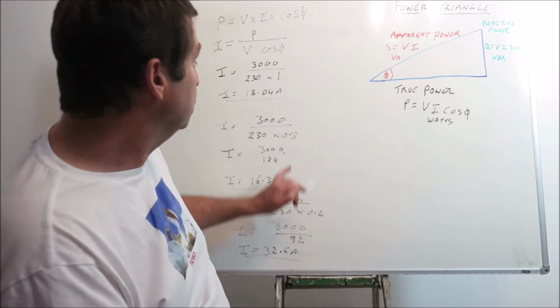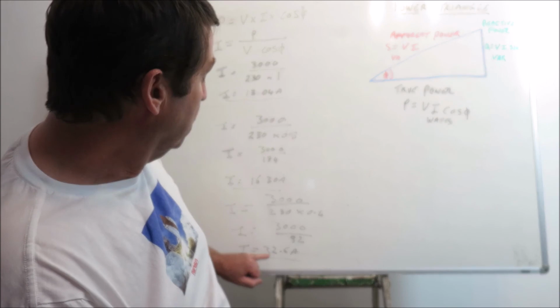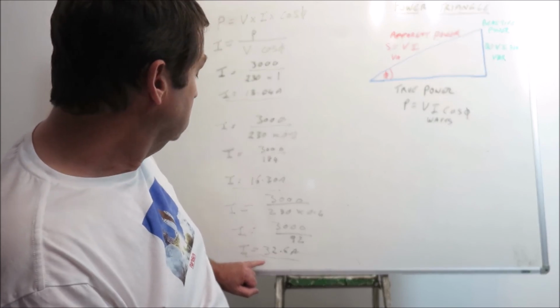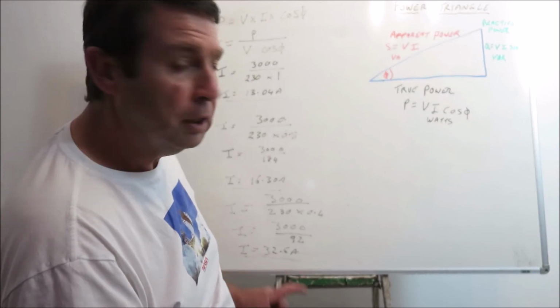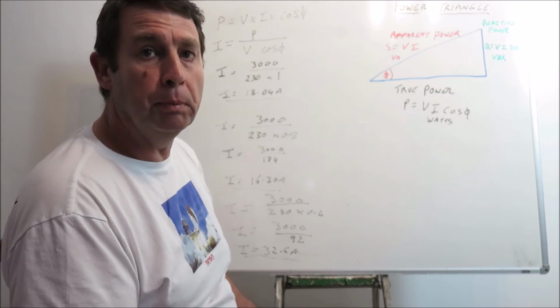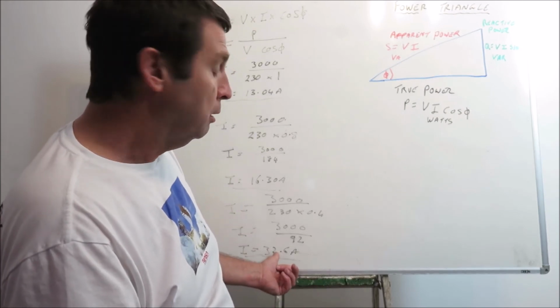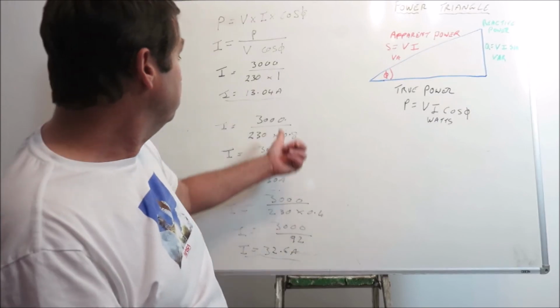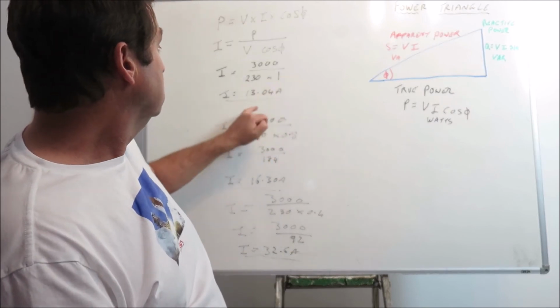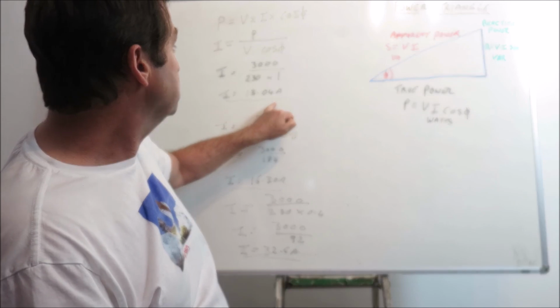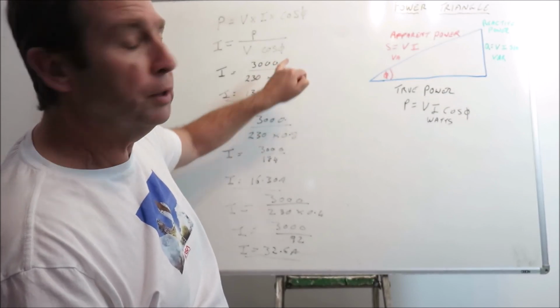So you can see it's very important, because with a poor power factor, it's taking 32.6 amps, and the cables will have to be sized to take that current. But why do that when you can have much smaller cables to take the 13.04 amps, giving you the same power there?